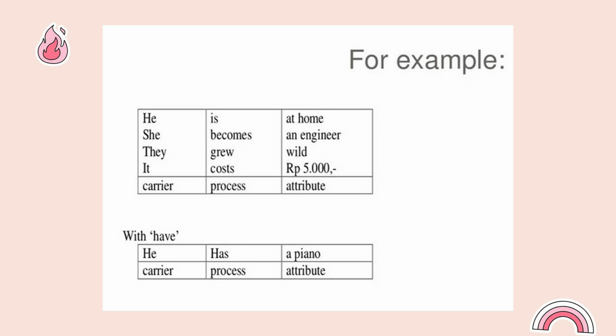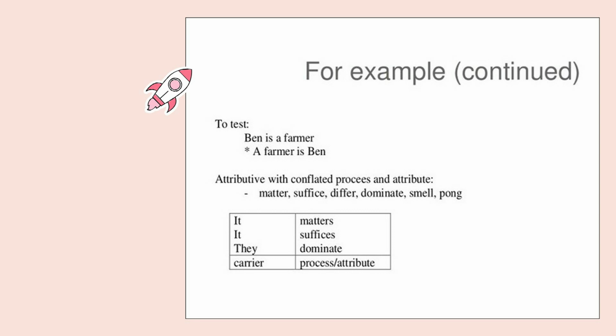There is another example with the word have. The sentence, he has a piano. He is the carrier, has is the process, and a piano is the attribute. Another example, to test: Ben is a farmer, which means a farmer is Ben.